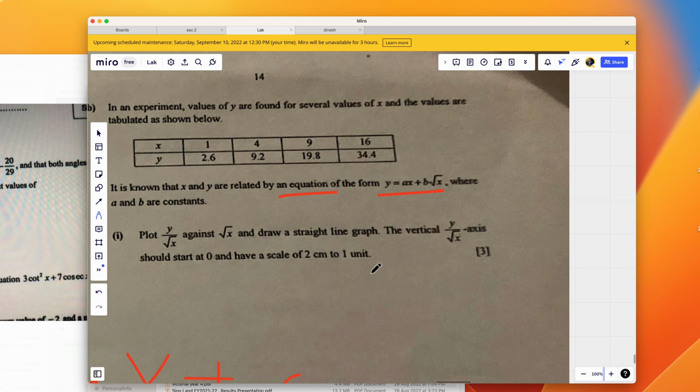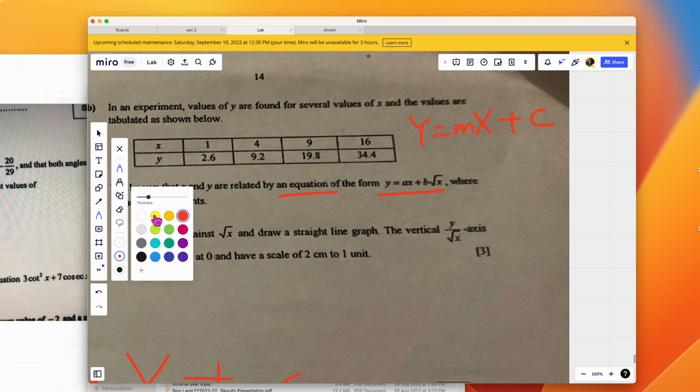So somehow you need to get this format into big Y equals m big X plus c. So you need to get into this y equals to mx plus c, and the y is big Y, and the x is big X.